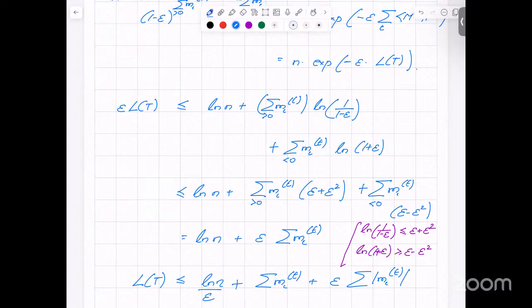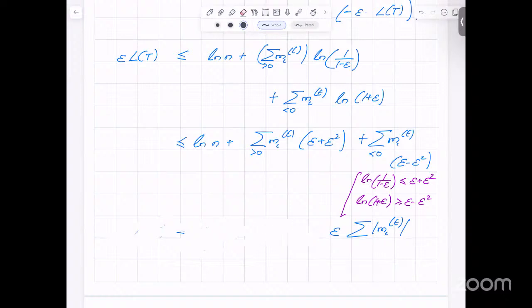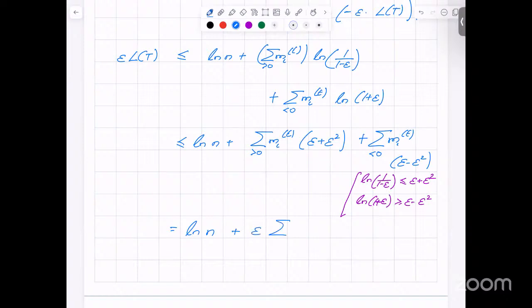So let's talk about this. That's what I had. So I get a ln n. The epsilons nicely, so I get a plus epsilon times summation MIT.